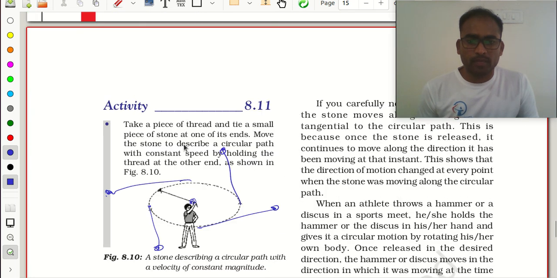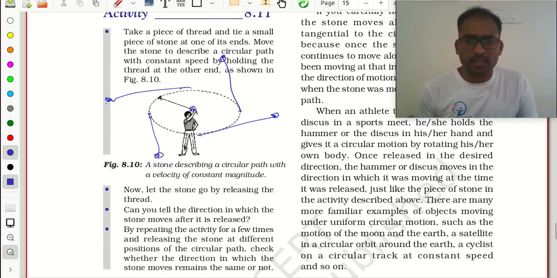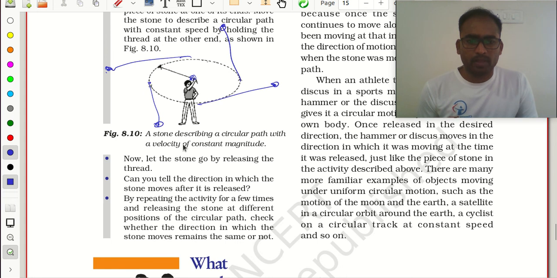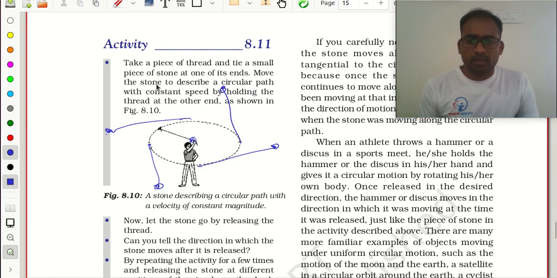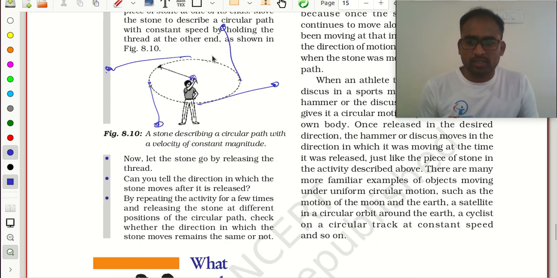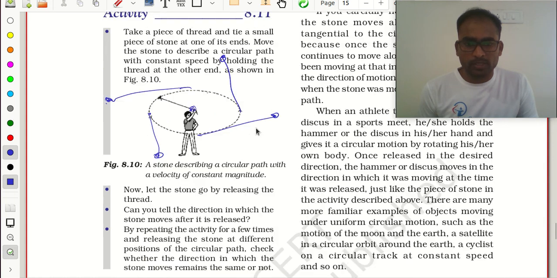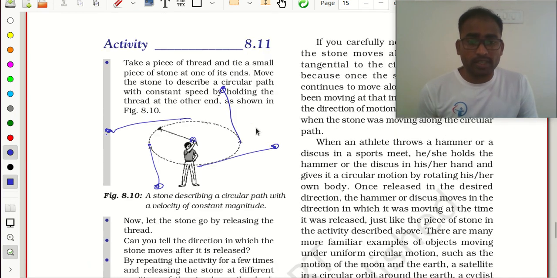This is our practical. Take a piece of thread and tie a small piece of stone at one end. Just do this activity, and please go through these activities. And when you observe the discus throw, one game is there.